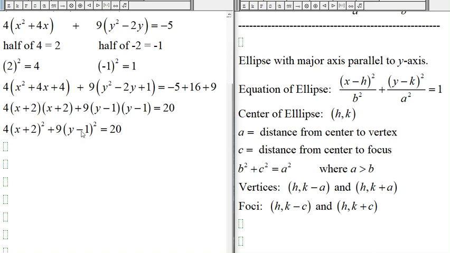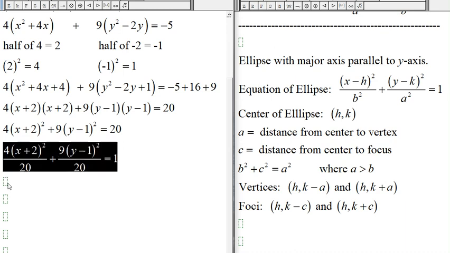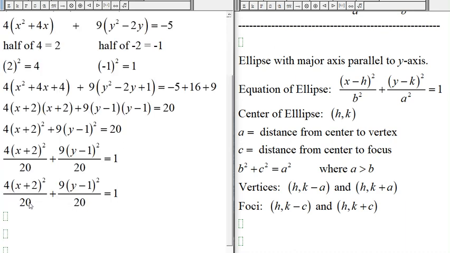So we divide each term by 20. So this divided by 20, and this divided by 20, and then 20 divided by 20 is just 1. 4/20 is reduced to 1/5.